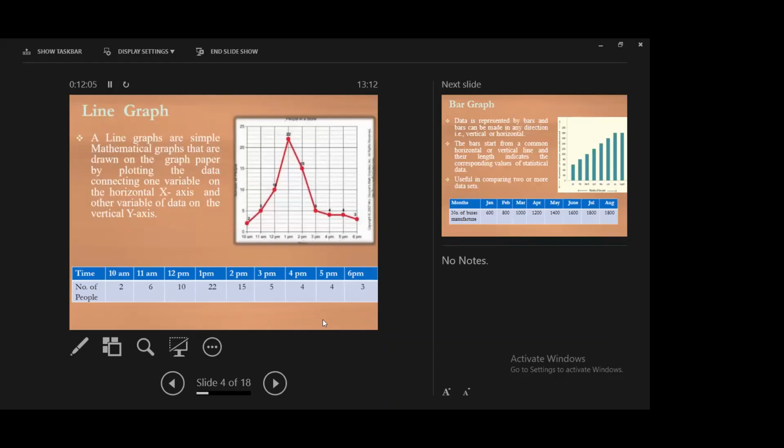As you can see in this image on the right side of the screen, this is a simple line diagram where, for the data you can see in the table below, we have different time points and the number of people. If you want to plot it on a simple graph, on the x-axis we have time, and on the ordinate or y-axis, we have the number of people or the frequency.